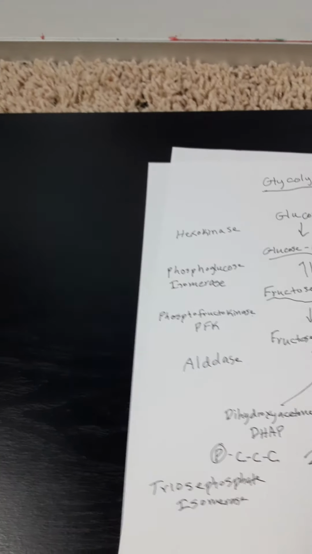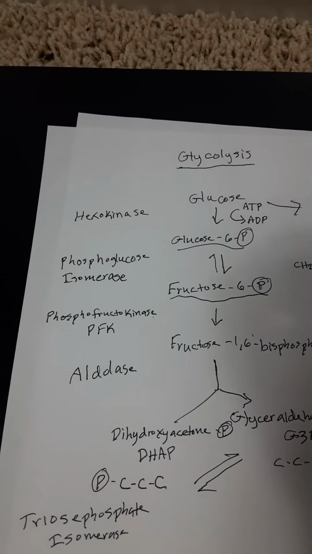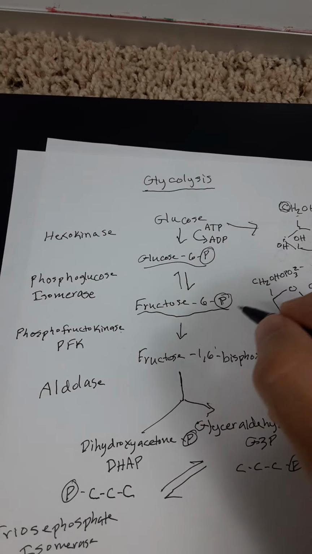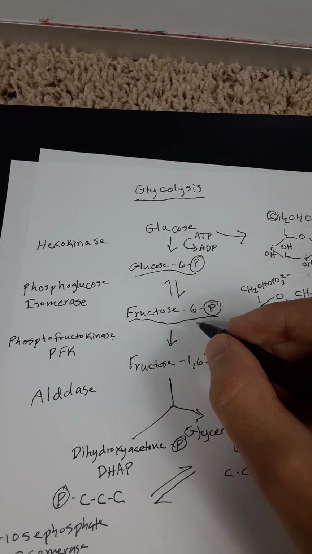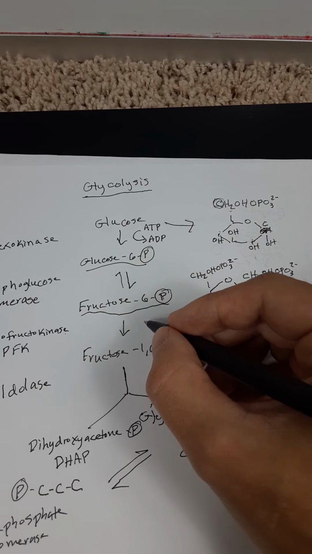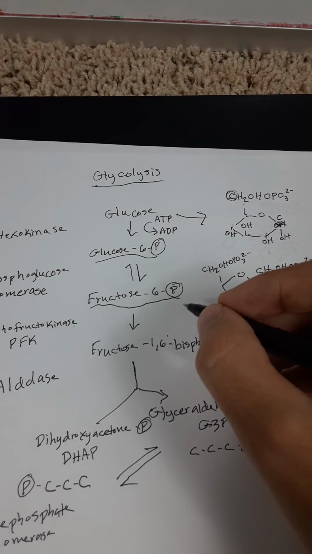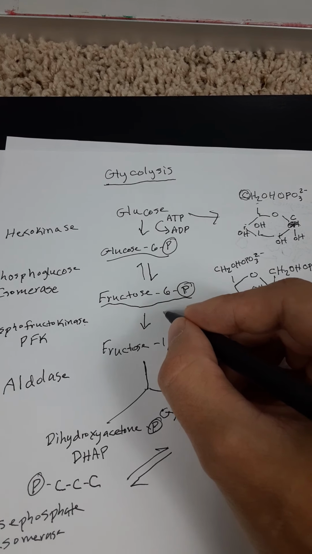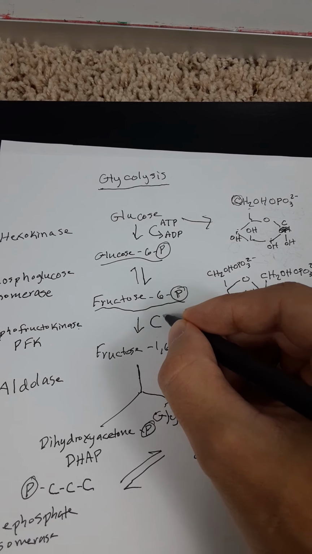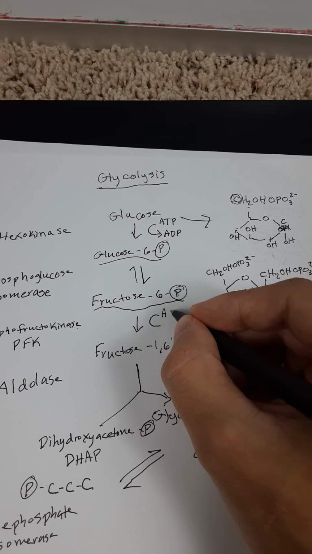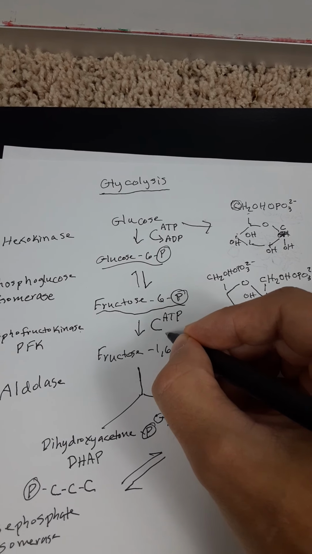You know what? I actually need to come back and touch on this because I did leave out one thing that's really important here that I cannot forget so you guys know what's going on. Okay, so from fructose 6-phosphate to fructose 1,6-bisphosphate, you're going to have another one of these reactions. Remember, I added another phosphate group.